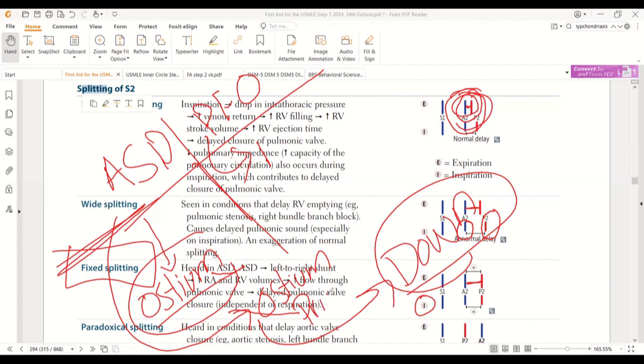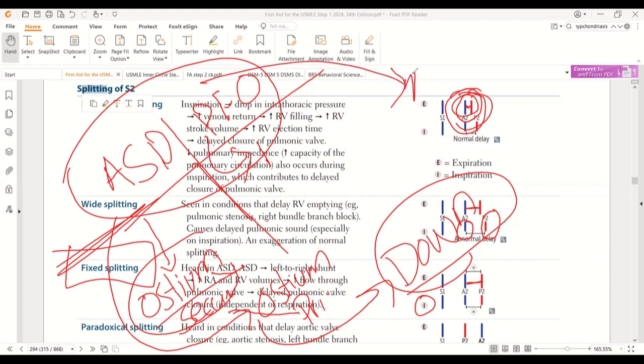And if they ask about the most common cause of atrial septal defect, it is the defect in ostium secundum. So this is again high yield. Do ASD and PFO increase the risk of emboli or not? They increase the risk of paradoxical emboli.